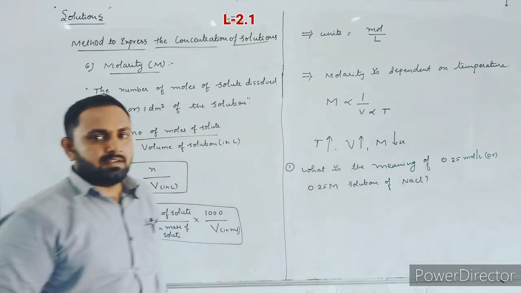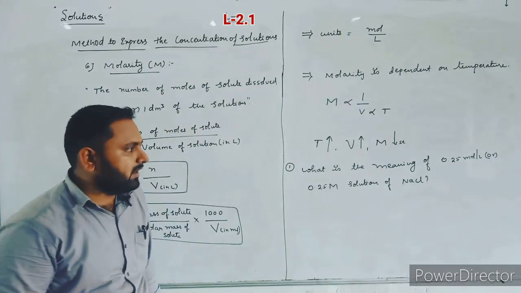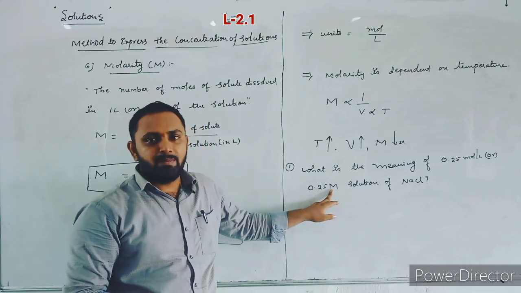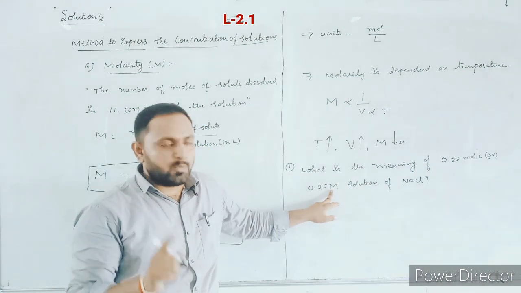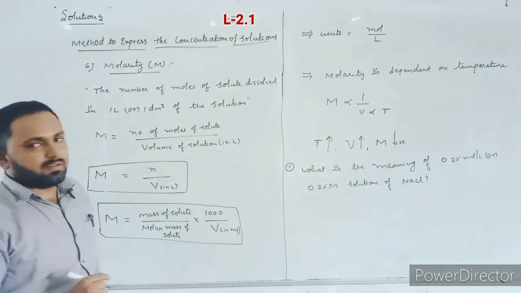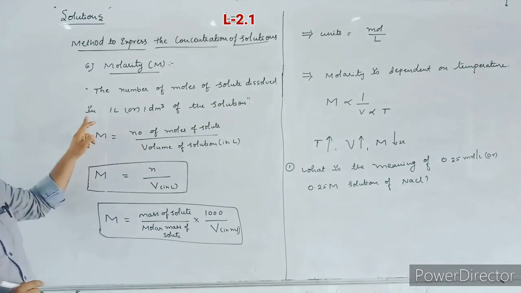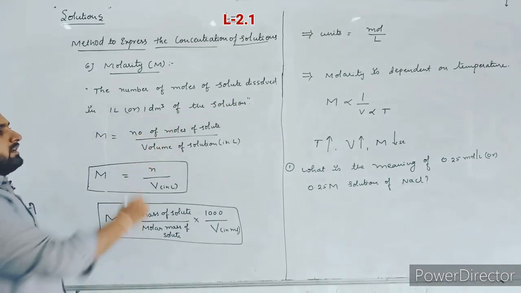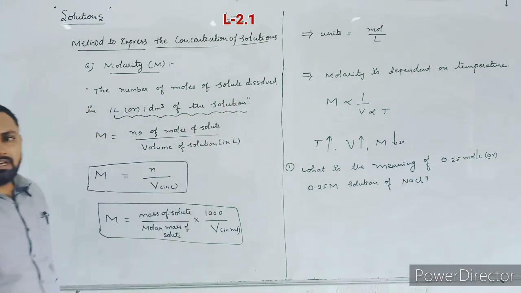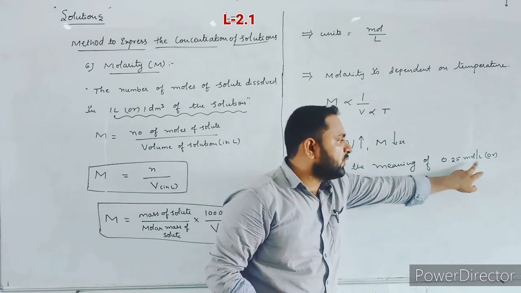We can also represent it as 0.25 capital M. Capital M means molarity. According to the definition, molarity is the number of moles of solute dissolved in 1 liter of solution. Here the volume of solution is fixed. The volume of solution is 1 liter.